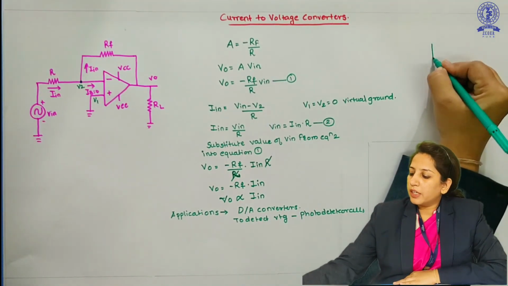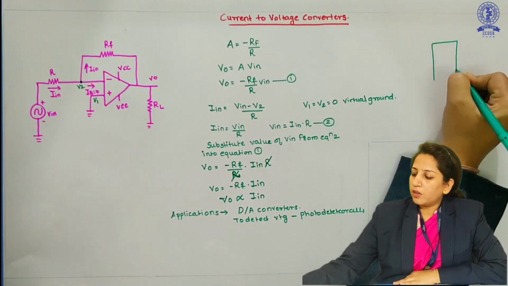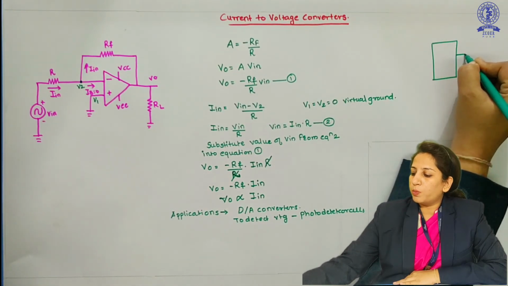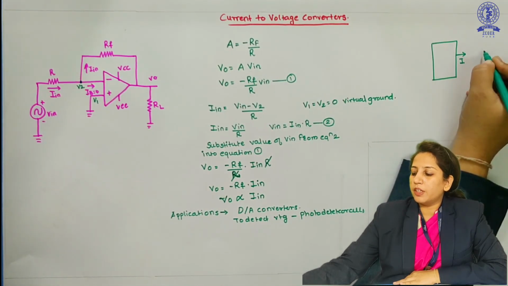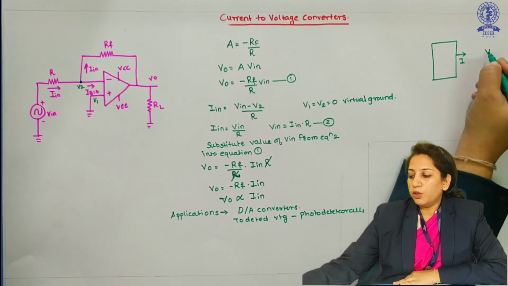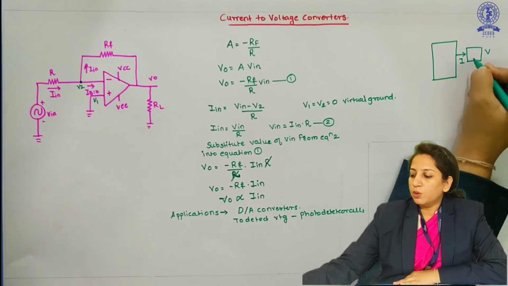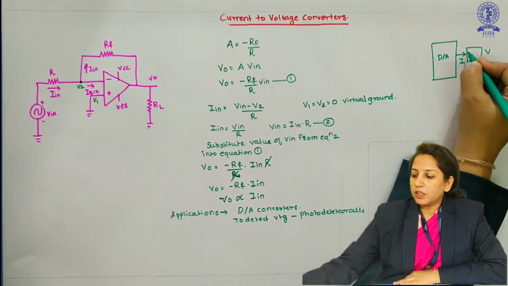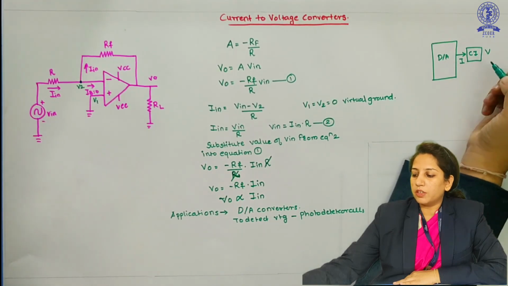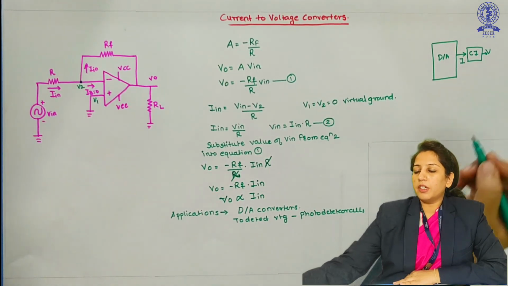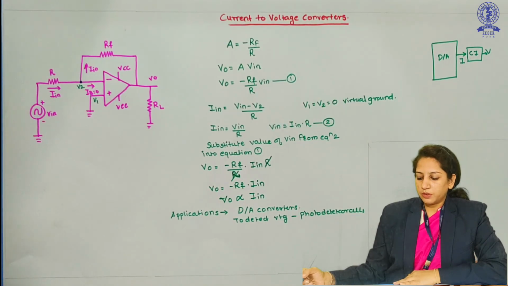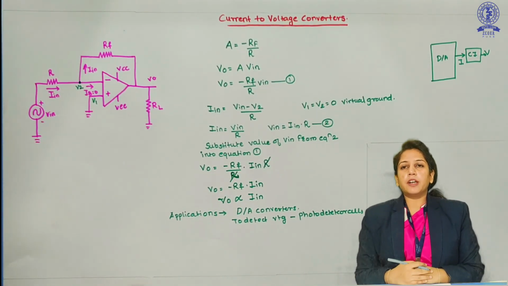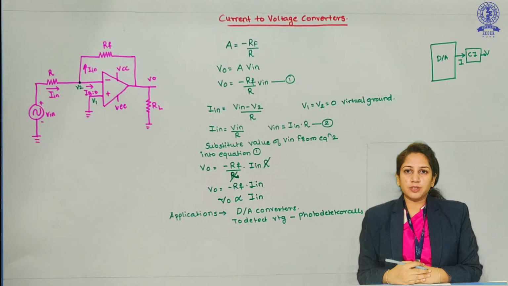We know in digital to analog converters mostly our output is in the form of current, and we need to convert it into a voltage. So here I will use this current to voltage converter circuit and I will get an output as a voltage. In this way we have completed our current to voltage converters.